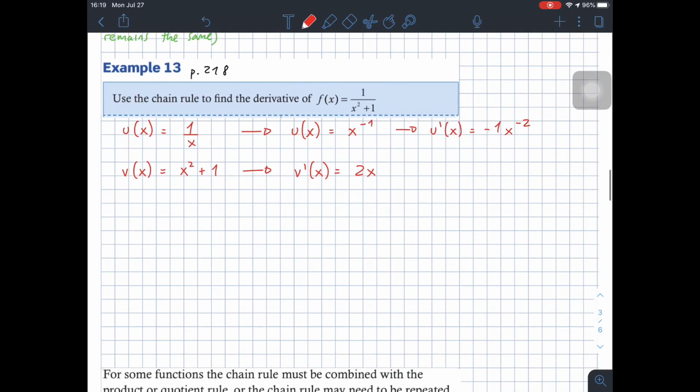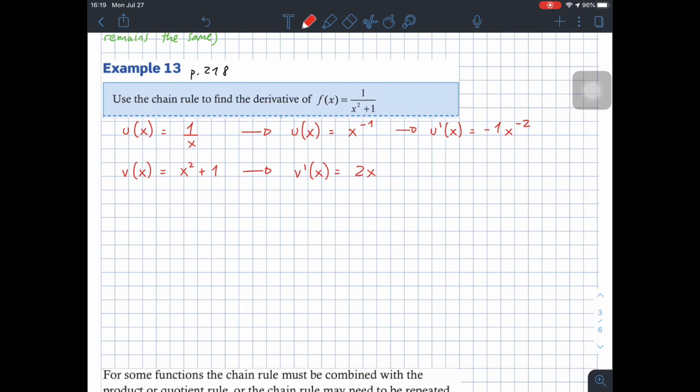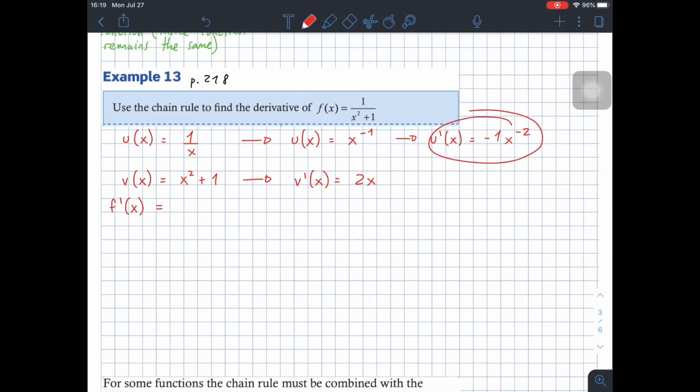Finally, we're going to find the derivative of f by applying the chain rule. So we do the derivative of u, but instead of x, we're going to write function v, right? That's what the chain rule states. So I'm going to do -1 times x, but instead of x, I'm going to write x squared plus 1, to the power of -2, times the derivative of the inner function, which in this case is 2x.